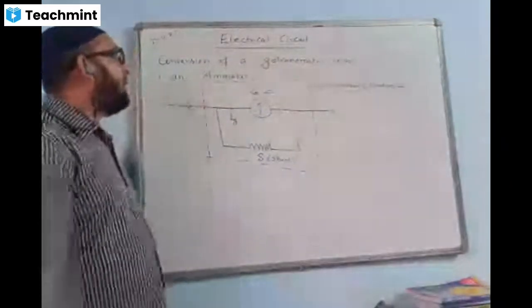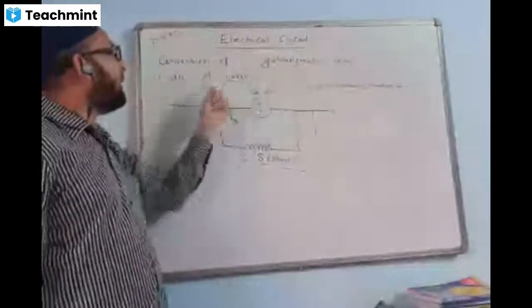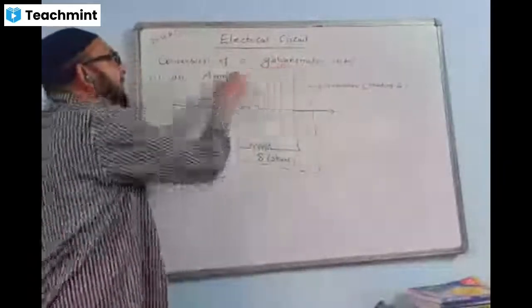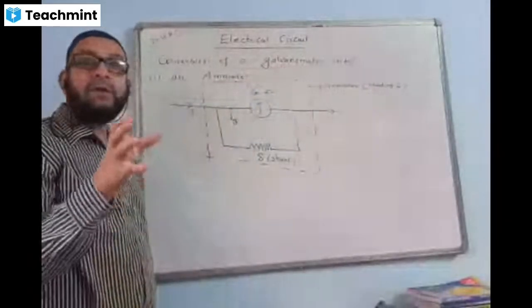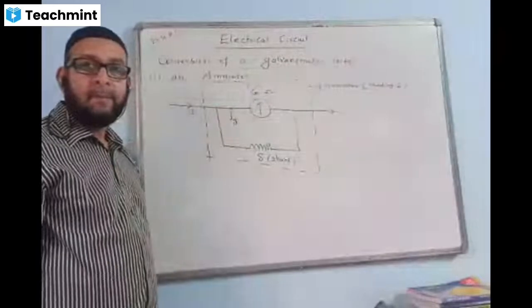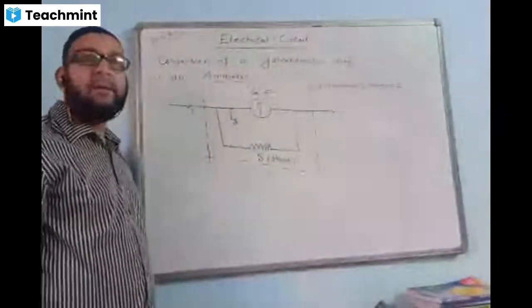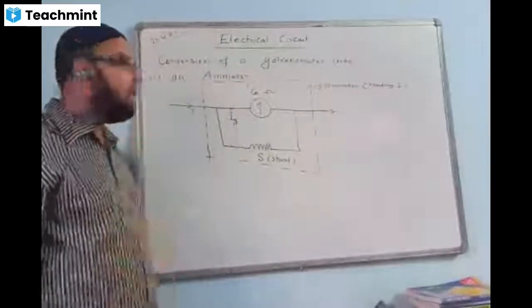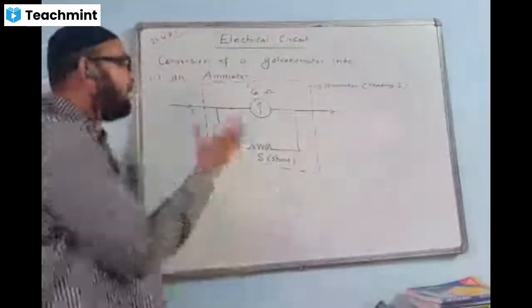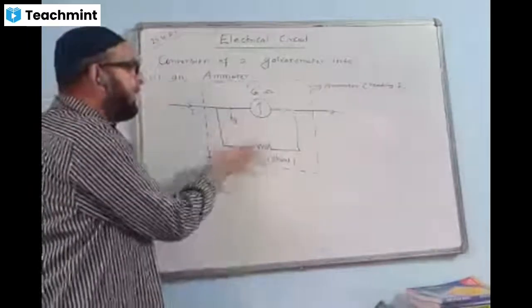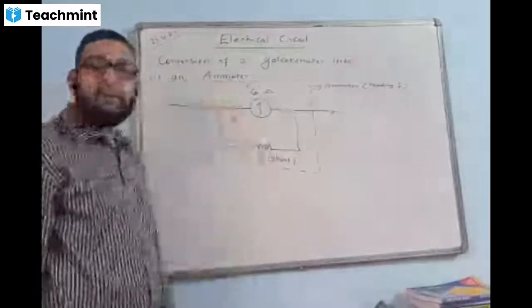So, in summary, how do we convert a galvanometer into an ammeter? To convert a galvanometer into an ammeter, we have to use a shunt with the galvanometer. When we just use the word shunt, automatically its value will be low, and it will automatically be connected in parallel with the galvanometer.